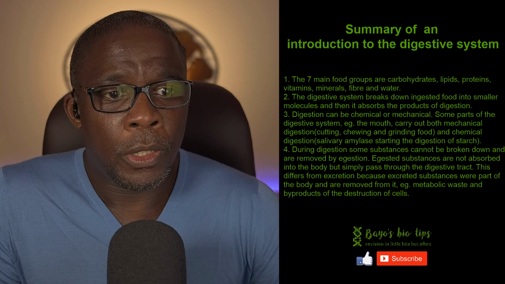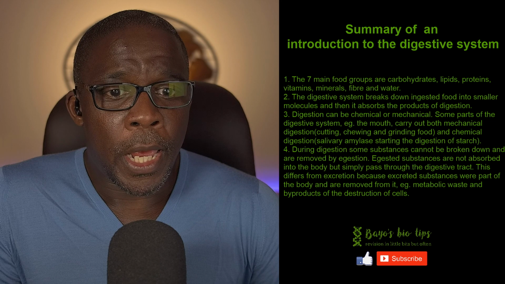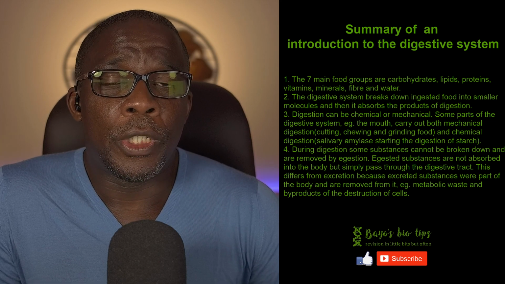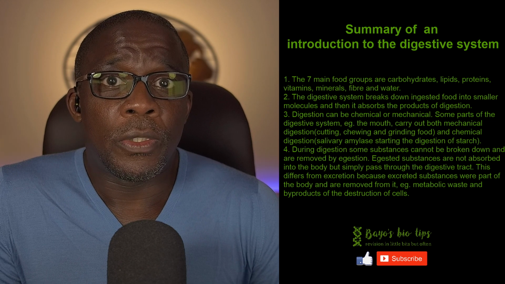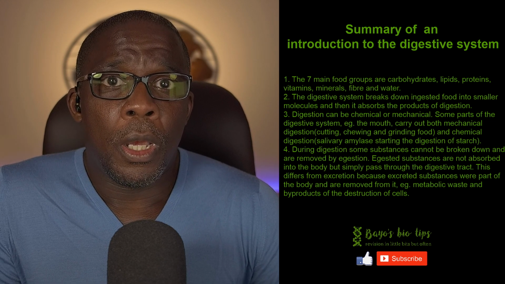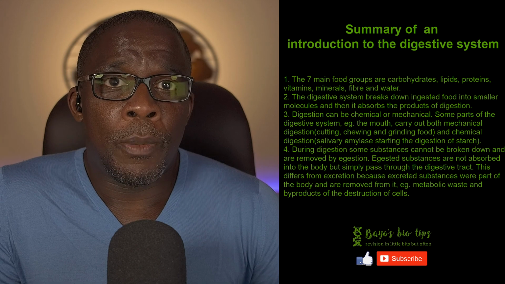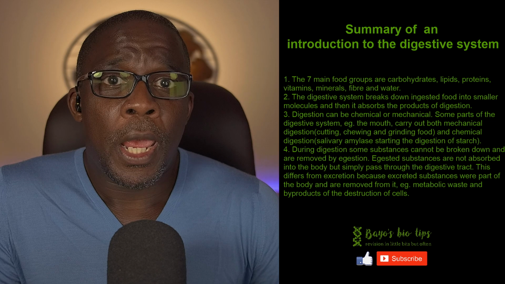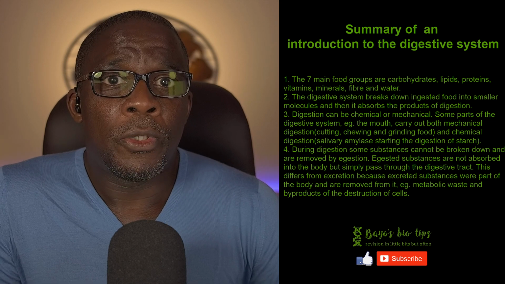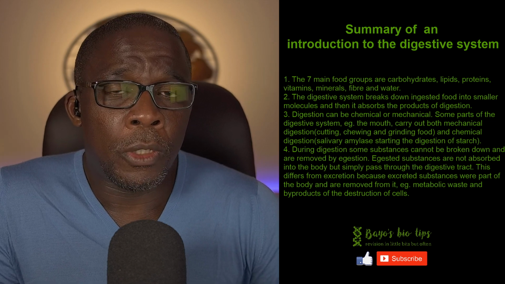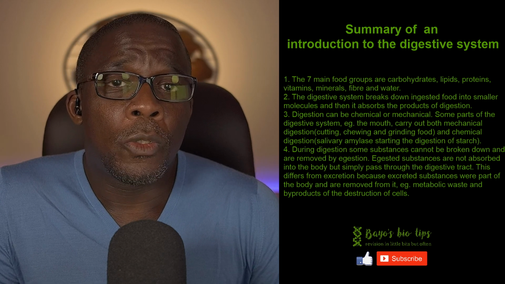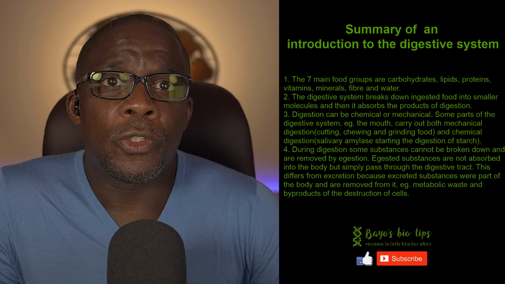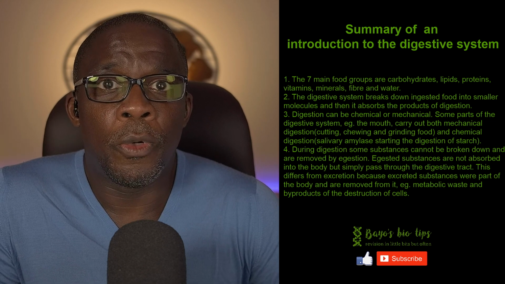Then we went on to looking at what happens to substances that are not broken down within the digestive system. So we talked about the parts of the digestive system and their functions, and we labeled the diagram. And then we talked about what happens when some of these substances are not broken down. That's called egestion. So you can think of your digestive system as a tunnel through your body.